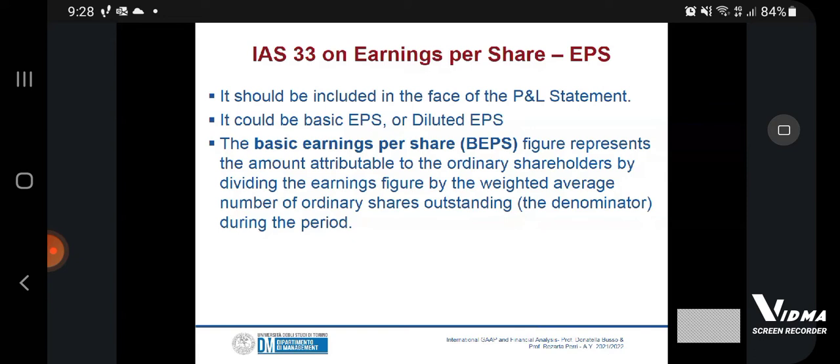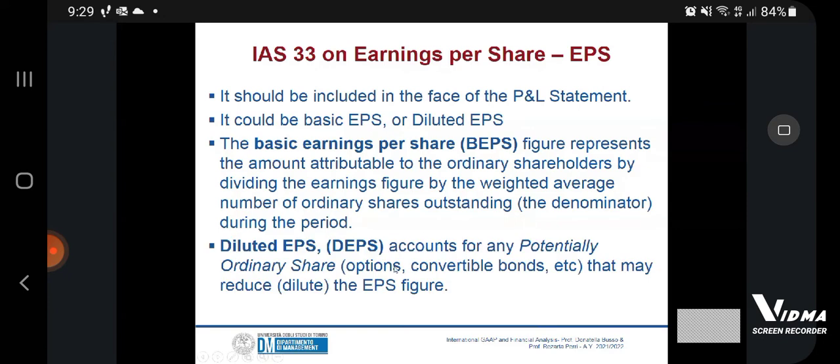That is, in the ratio that we are going to calculate, earnings are going to be the numerator, the figure above, and the denominator is going to be the weighted average number of ordinary shares, the figure in the below part of the ratio.